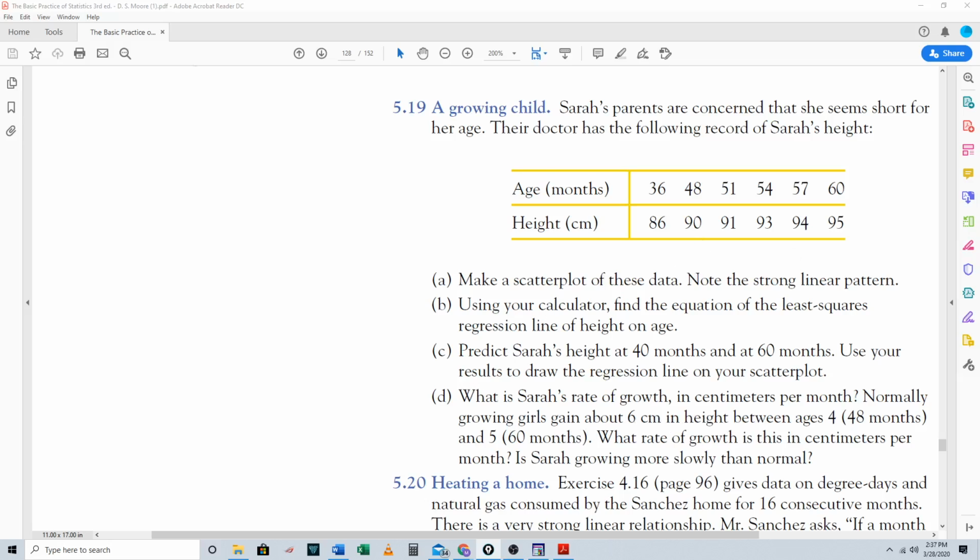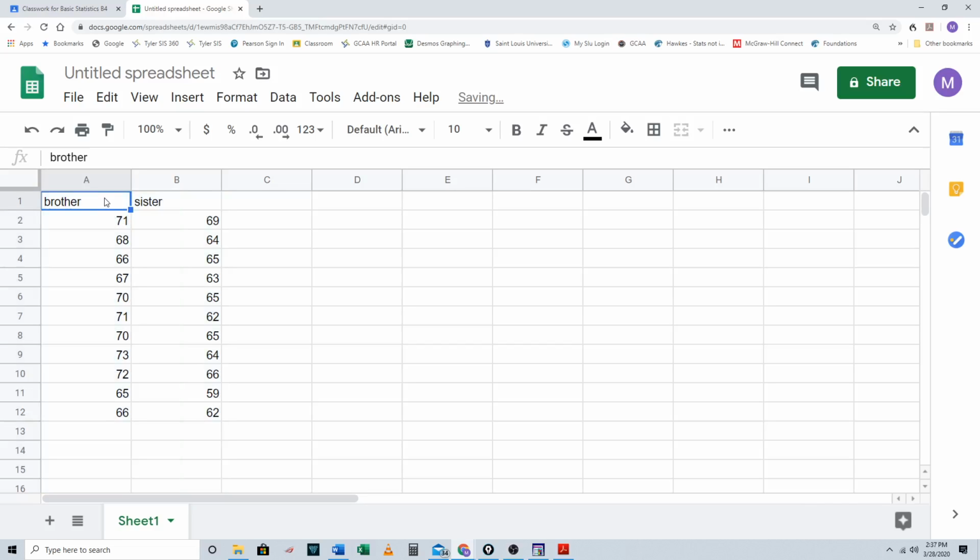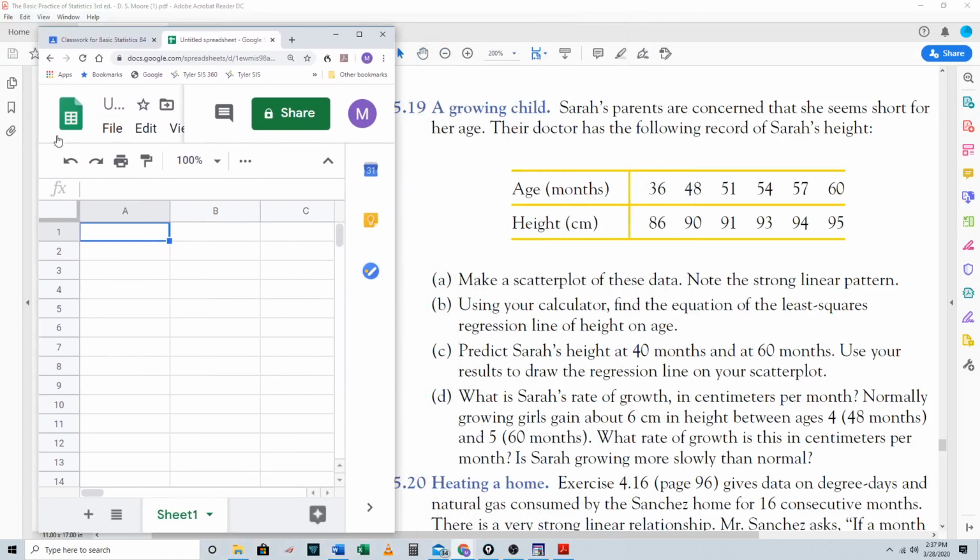All right, so the first thing we've got to do is make the scatter plot. So let me open Google Sheets. I don't really need the drawing tool for this. I'm going to delete all that. So we have age and height.